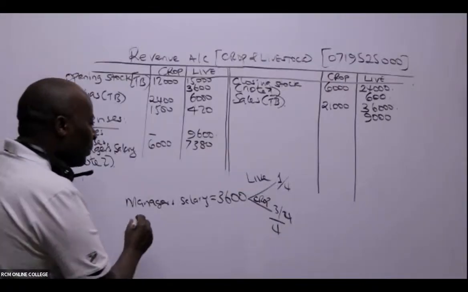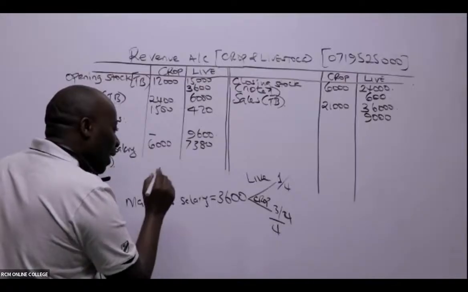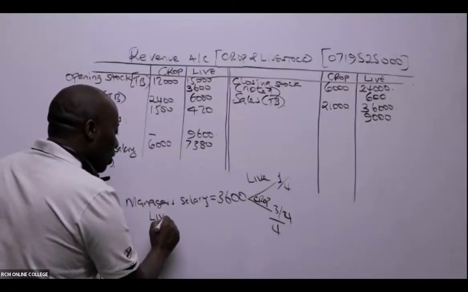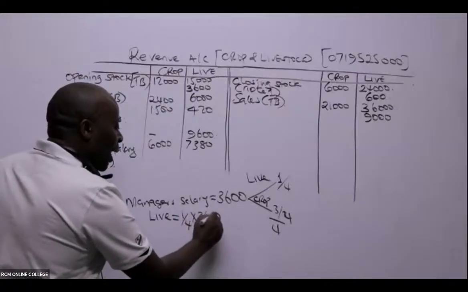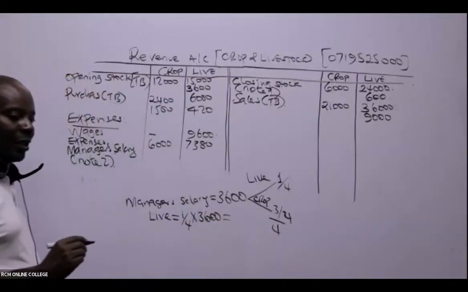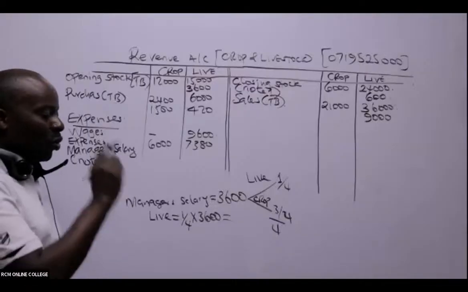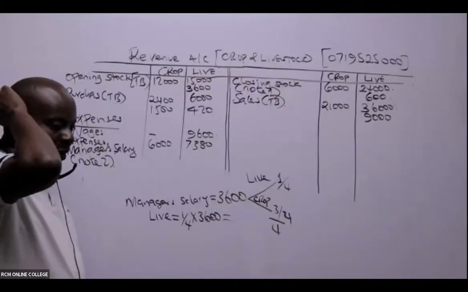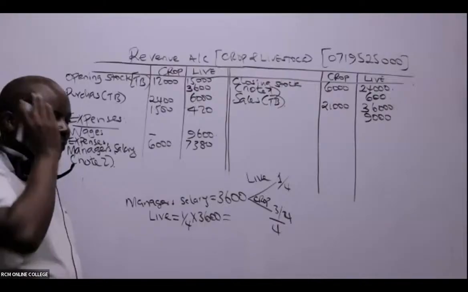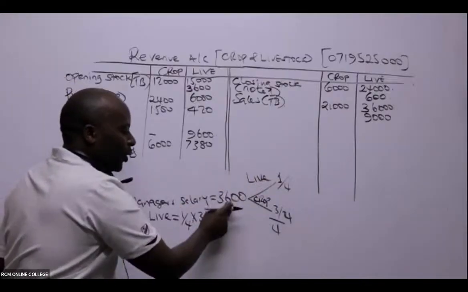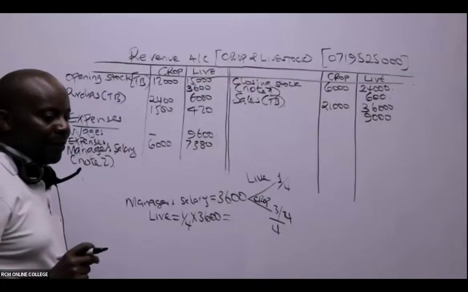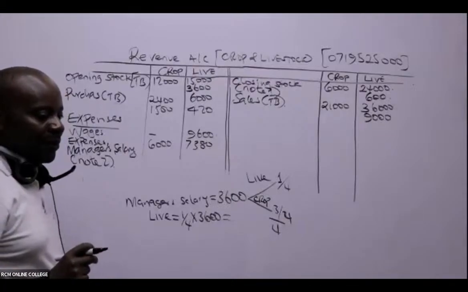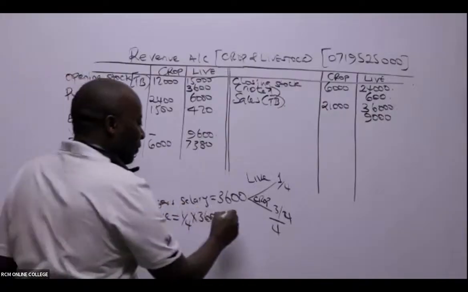So meaning, ladies and gentlemen, the manager's salary going to livestock will be a quarter of 3,600. Are you able to give me this answer? It's a quarter times 3,600. That is 900.